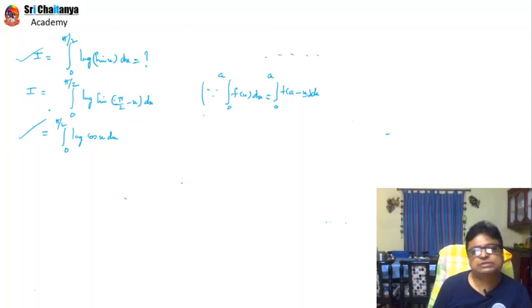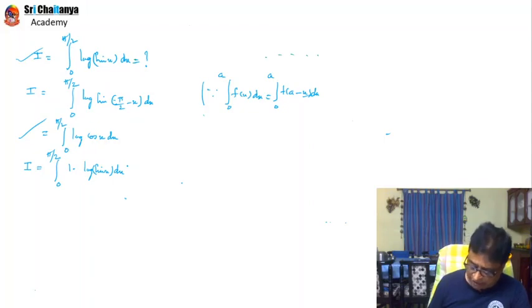But how to get the value? Clear? Now for this what I am doing is, I am applying the integration by parts formula here. So integration 0 to pi by 2, that I can write as 1 into log sin x dx. Clear?